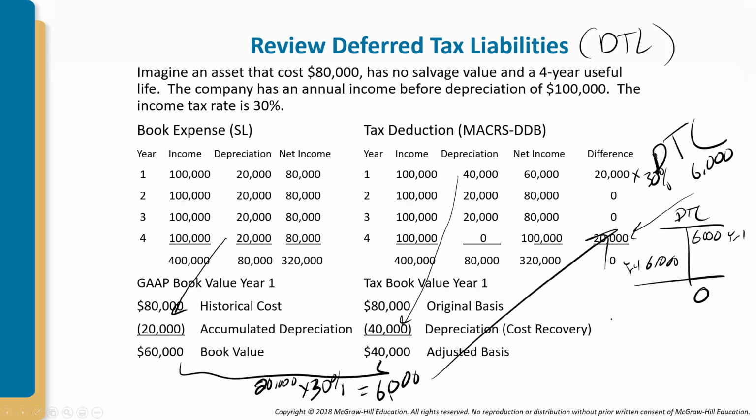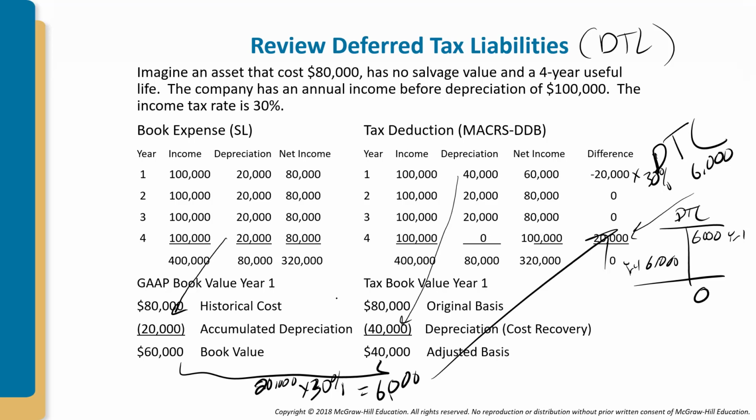Now, if we think about it, in year 2 they're taking the same amount of depreciation, so the difference in book value isn't going to change. And in year 3, they're taking the same amount of depreciation, so the book value between tax and GAAP isn't going to change. But then in the 4th year, we're going to take more depreciation for book value than we are for tax, and so by the time we get it all done, the book value and the adjusted basis are going to be the same.